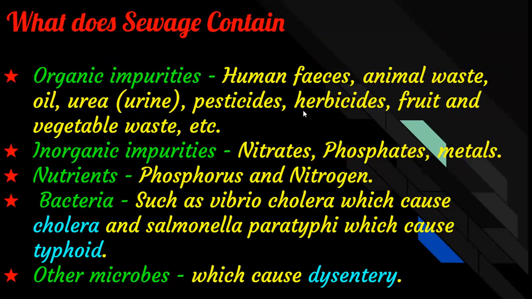Nutrients contain phosphorus and nitrogen. Bacteria such as Vibrio cholerae, which causes cholera, and Salmonella paratyphi, which causes typhoid, and other microbes which cause dysentery.